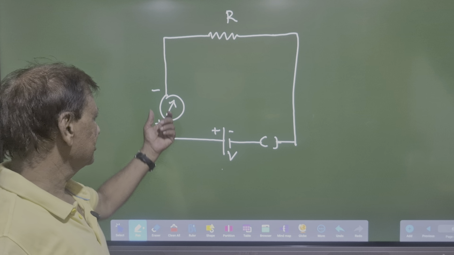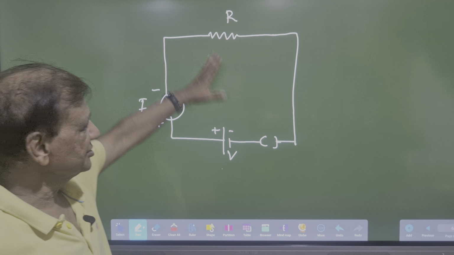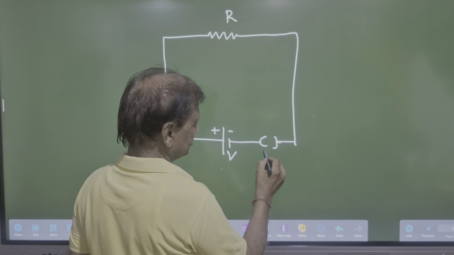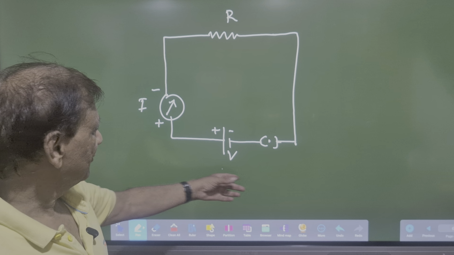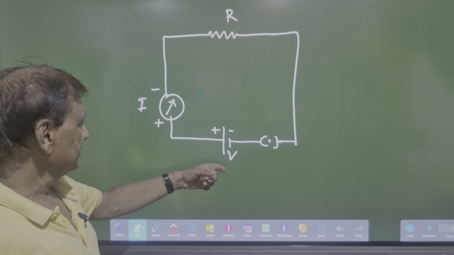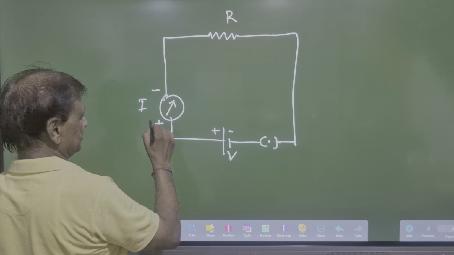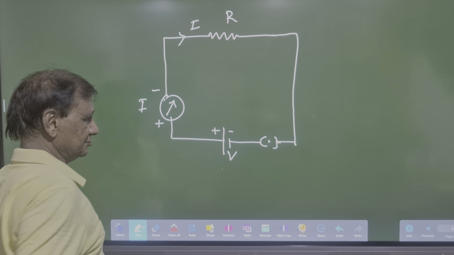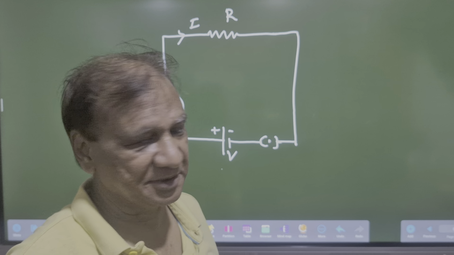V is the voltage. Now this shows the current flowing in the circuit. R is the resistance, and this is the switch. So this is an open switch. If I put it like this, the switch is closed. So when the switch closes, there is a voltage, so current will flow. So suppose current I flows, this ammeter will show the current I.